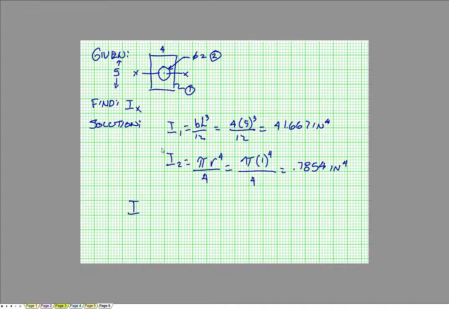So moment of inertia for the entire part is 41.667 minus 0.7854, and that equals 40.88 inches to the 4th. Make sense? We're good so far?